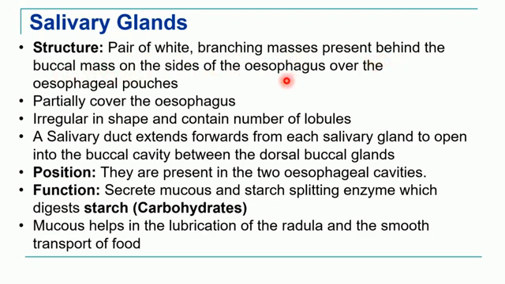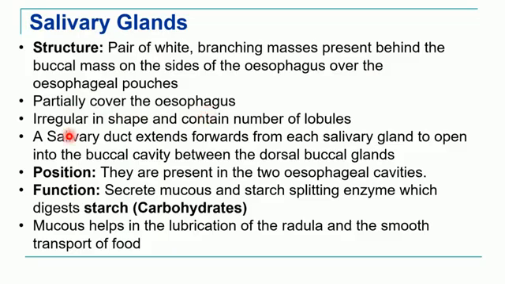Similar to the esophageal pouches, they are also present on the side of the esophagus, on top of the esophageal pouches. So you can say that they partially cover the esophagus from the outer side.